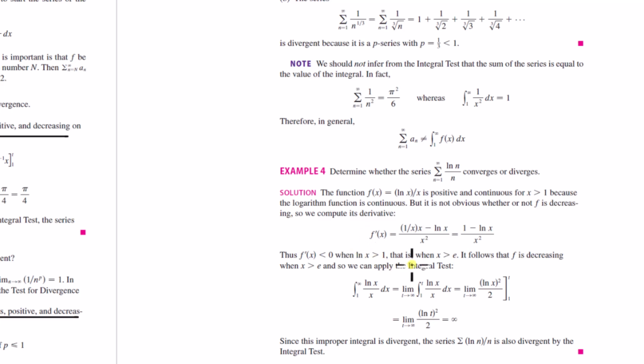So if we start this at n equals 3, which is above 2.7, and you integrated from e to infinity and got a value, that means the series is convergent from n equals 3 to infinity. Okay, so is it convergent from n equals 1 to infinity? Well, of course it is, because to that convergent value, the sum from 3 to infinity, you're just adding the first term and the second term.